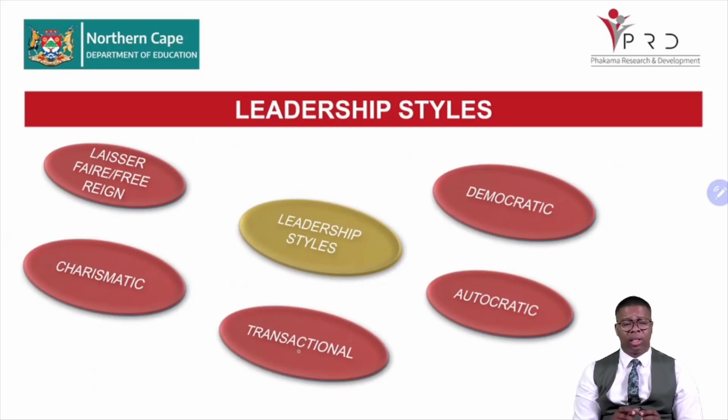They can use transactional to motivate employees by offering rewards and punishing those who fail to do the work accurately. They can also use charismatic to encourage and motivate the employees, because here the leader is using charm. And then you have laissez-faire and free reign, which can be used when the business has experts or employees who have more knowledge or expertise in the field. You can use laissez-faire as a leader.